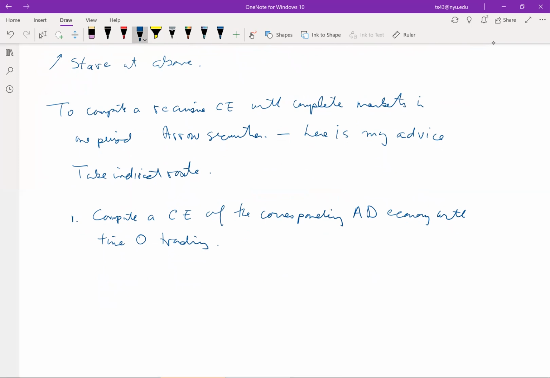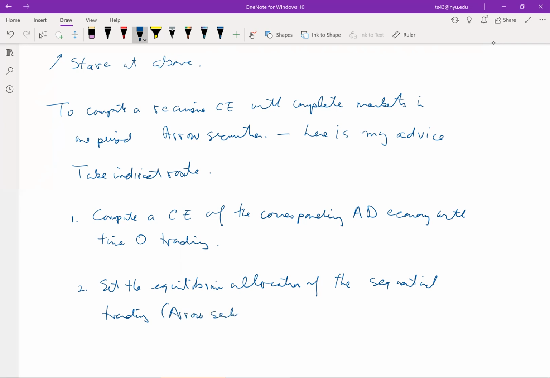Just wait until you see step 2. Set the equilibrium allocation of the sequential trading economy, that is, Arrow securities, equal to what you computed in step 1. You see what I'm going to do.